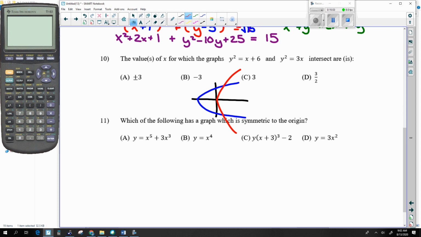However, you notice how both of them are technically equal to y squared. So x plus 6 is equal to y squared, and so is 3x. So if they're both equal to y squared, that means they're equal to each other. And so with that, what I see is 2x is equal to 6, x is equal to 3.